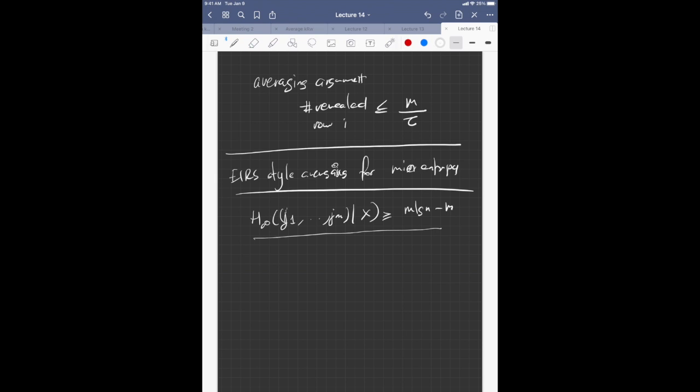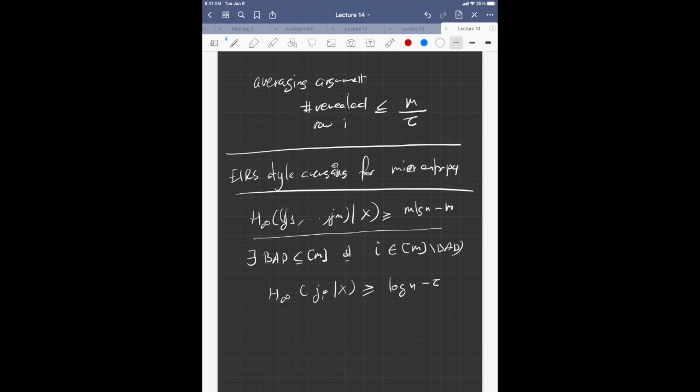So the first averaging argument says that there exists some set of bad coordinates, a subset of m, such that for any row which is not a bad row, for any i in m minus bad, the h infinity of this particular coordinate ji given x is at least log n minus tau.